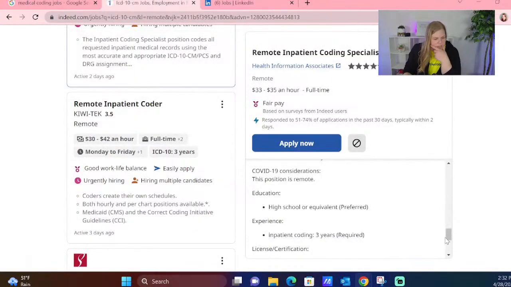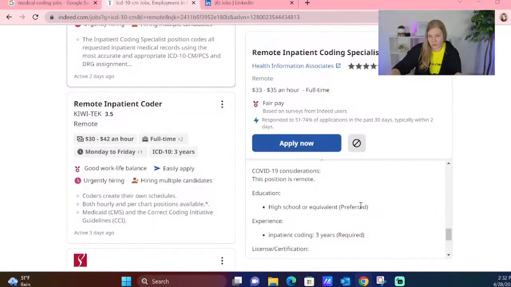So when we continue down onto this particular listing, it says the education is high school or equivalent preferred. That's interesting. I've been having more and more people coming in and asking me, "Hey, Victoria, I'm still in high school. Can I learn medical coding and maybe get a part time job as a medical coder?" You probably could.